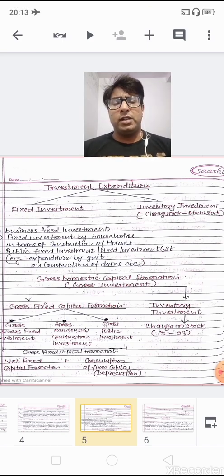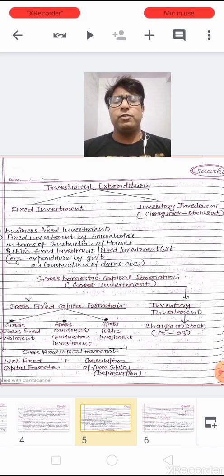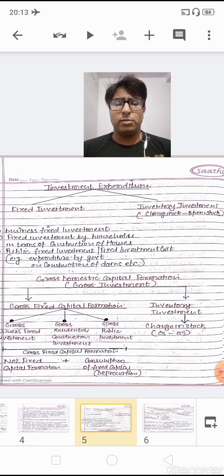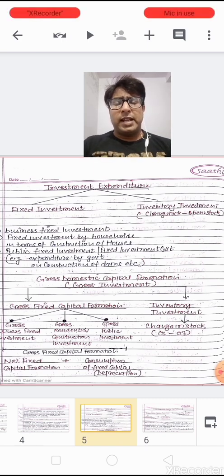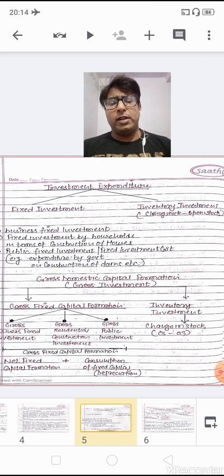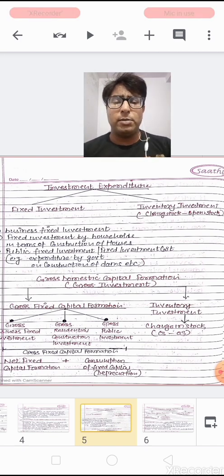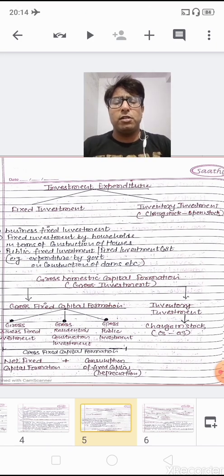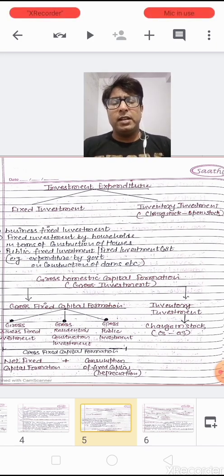Why are we making an investment or buying capital goods? First, it is needed in the business, which we call business fixed investment. Second is fixed investment by households in terms of construction of houses. Third is public fixed investment.